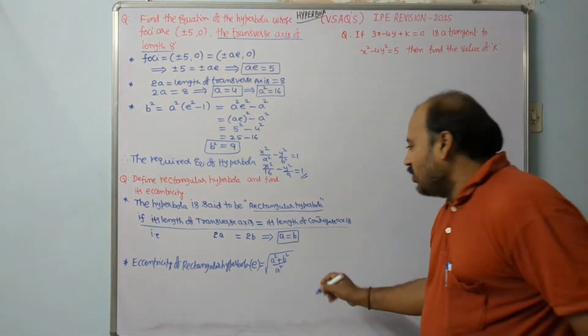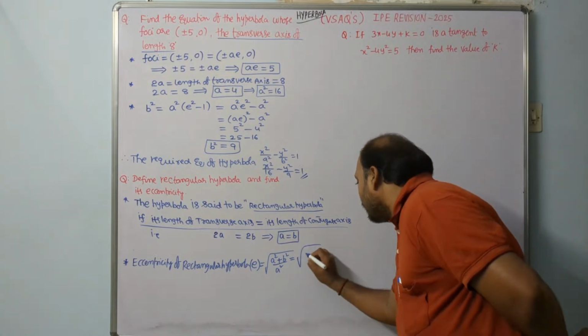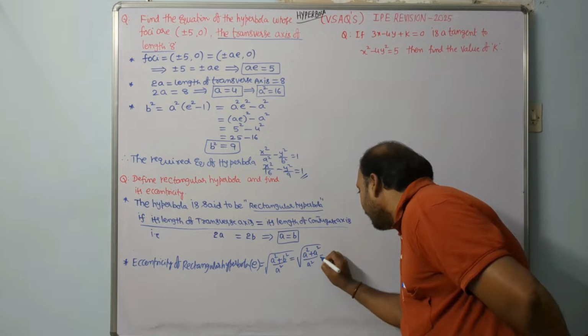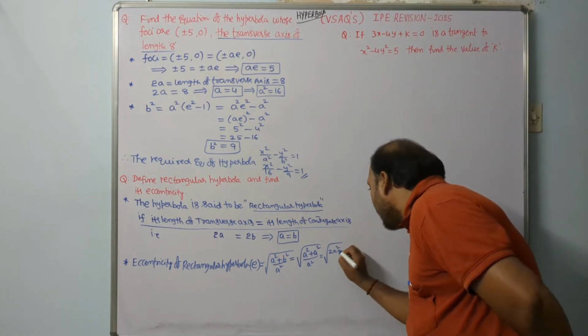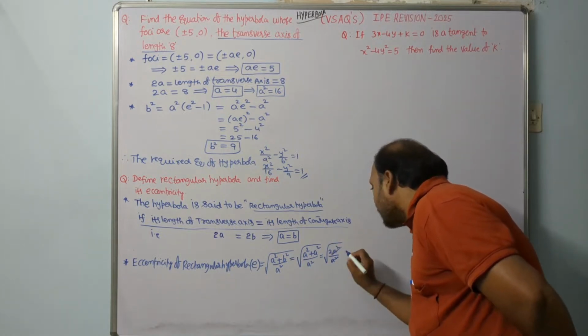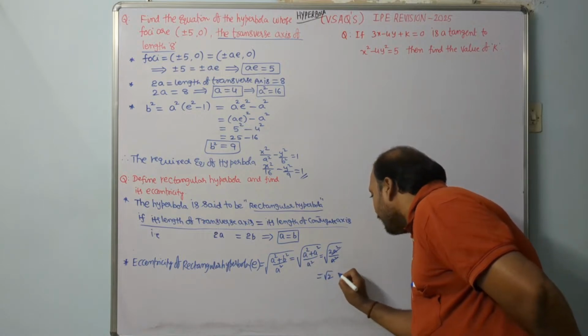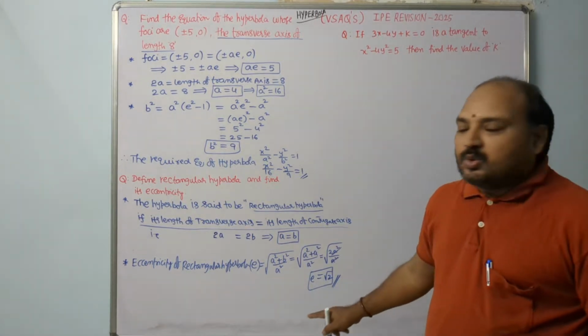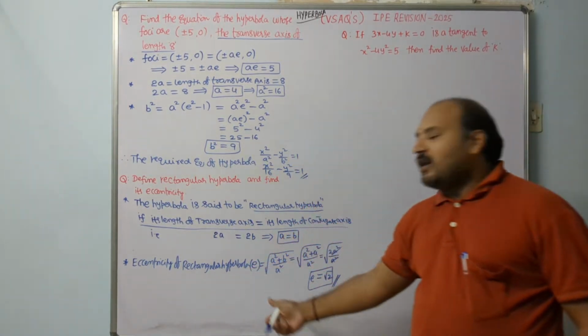Since a is equal to b, root over a square plus a square divided by a square, so root over 2a square divided by a square. a square gets cancelled, root 2. Therefore, the eccentricity is equal to root 2 for the rectangular hyperbola.